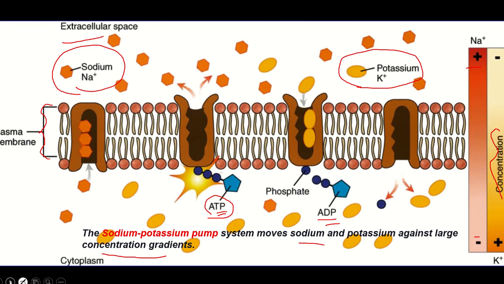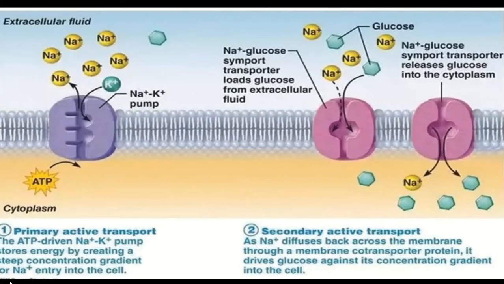So let's go into details. Primary active transport: the ATP driven sodium potassium pump stores energy by creating a steep concentration gradient for sodium ion entry into the cell, and this is the cytoplasm. Sodium transport takes glucose from the extracellular side and releases glucose into the cytoplasm.